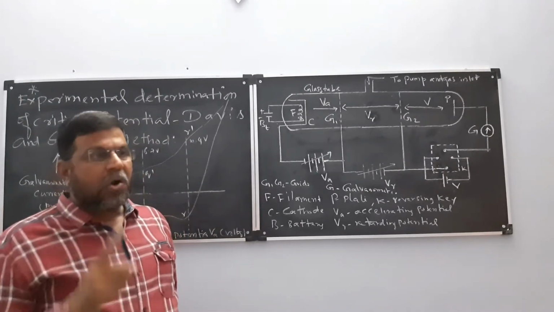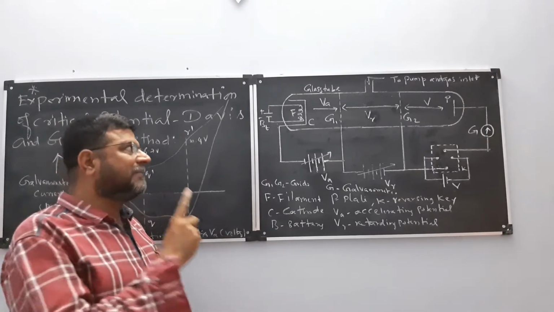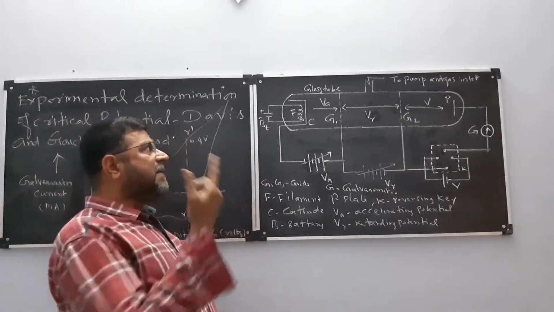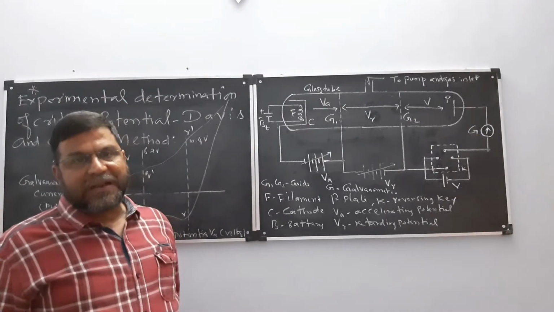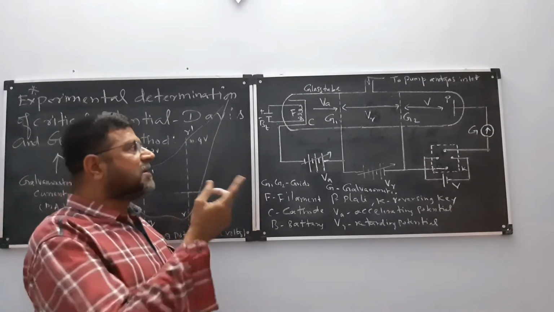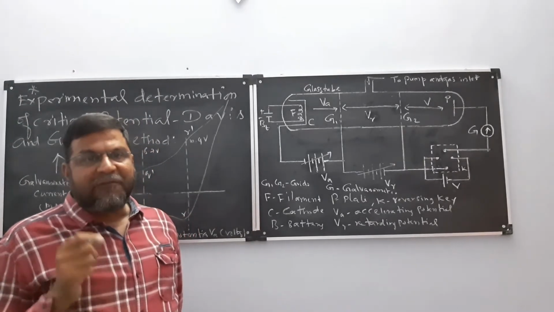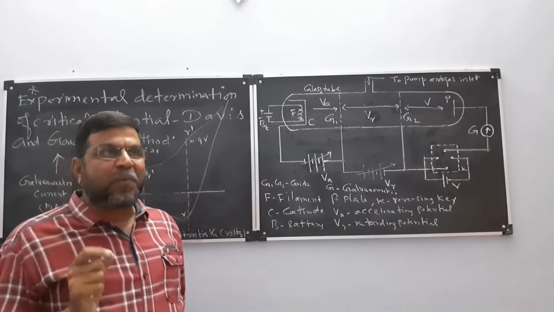Now you should remember, only those electrons which have energy greater than the grid G1 will be able to travel to the region in between G1 and G2. So now the electrons will travel the space between G1 and G2. There it is known as VR, the retarding potential.